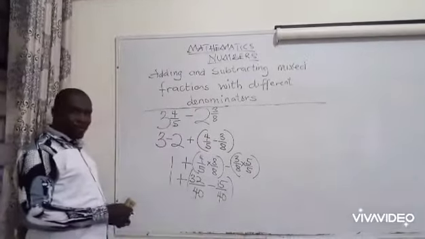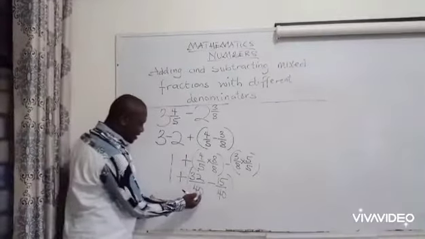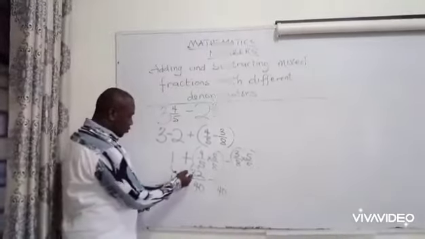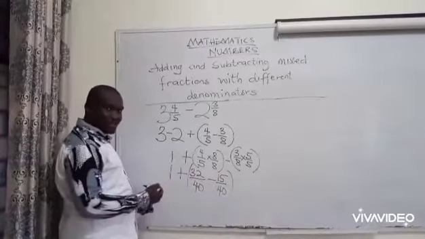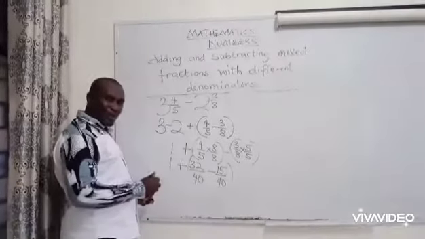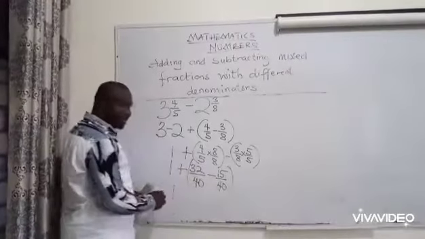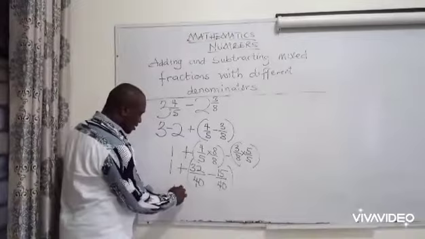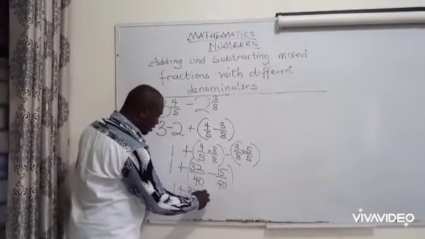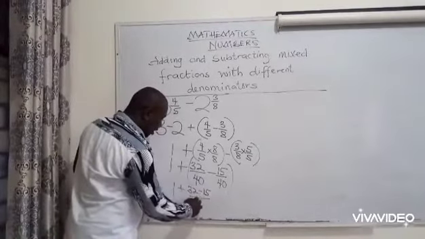Another interesting step. We have the same denominator. So what do we do? We subtract the numerators. Please don't forget to move along with your whole number. 1 plus 32 minus 15, all out of 40.